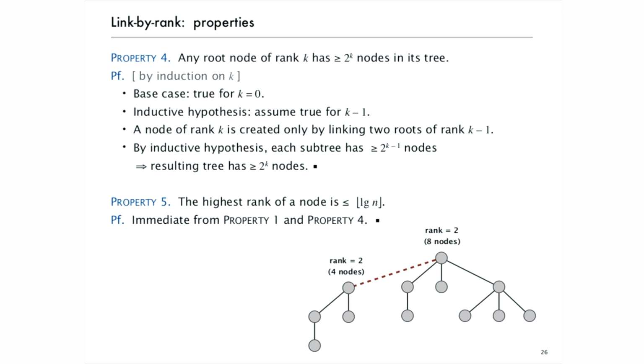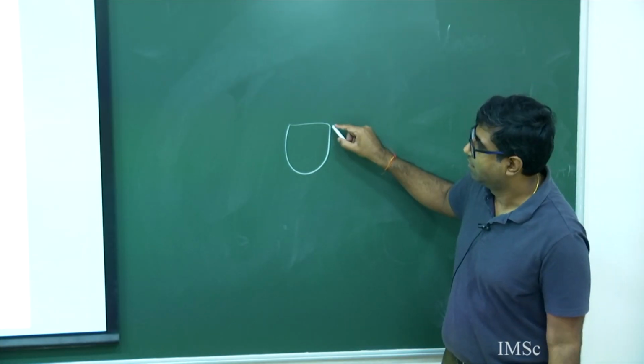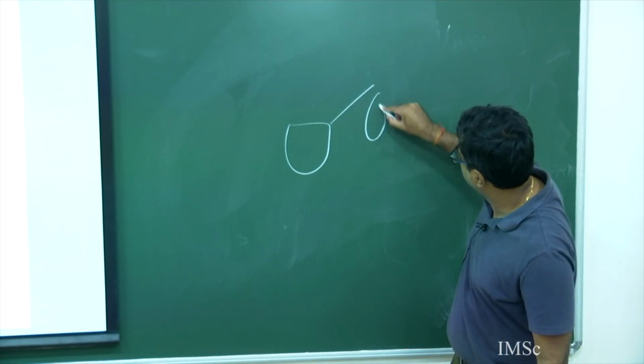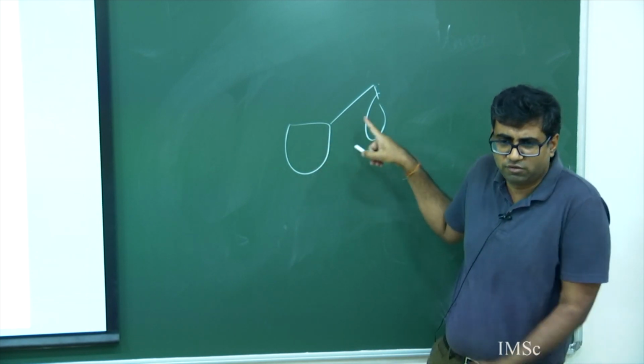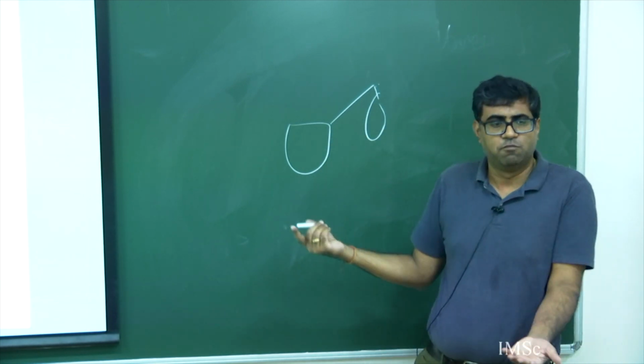Any root node of rank K has at least 2 to the power K nodes in the tree. See, the base case is true for K equal to 0. Assume that it is true for K minus 1. Either when you add, the rank of this guy is strictly larger than this, so by induction hypothesis, this itself has more than 2 to the power rank.